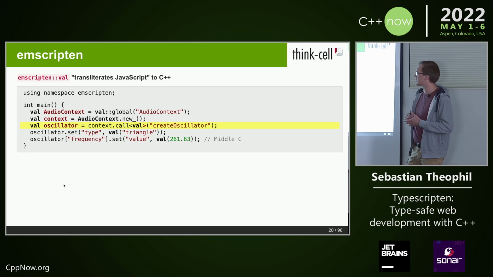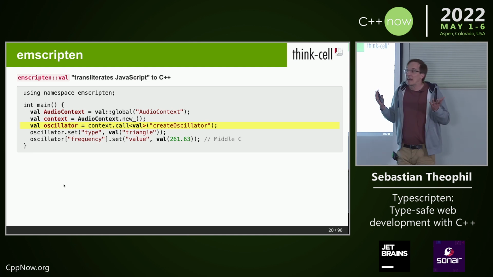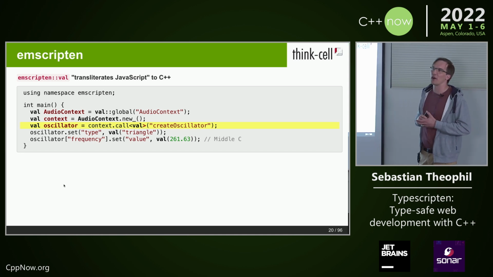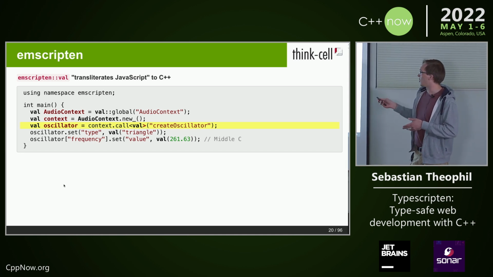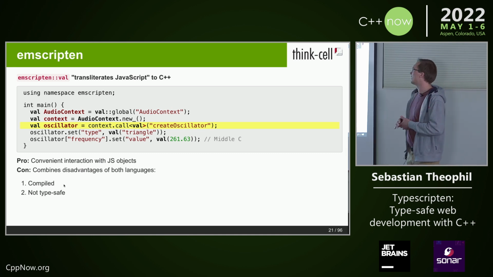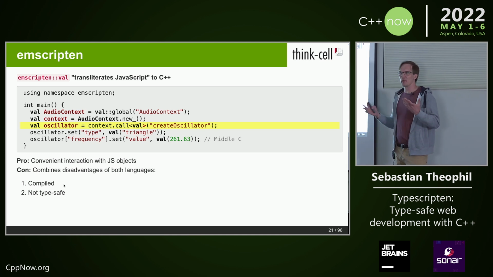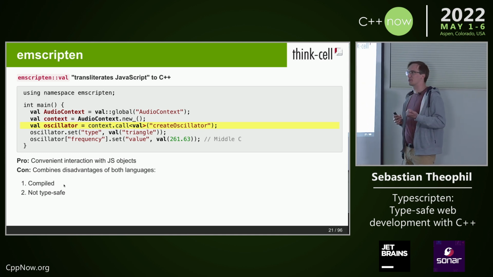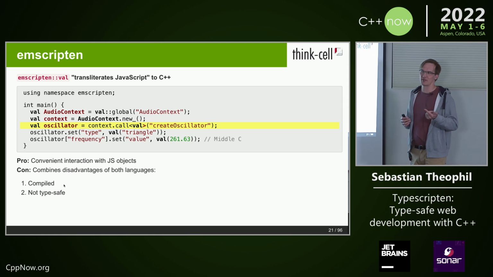It's all strings that will be sent to JavaScript and interpreted on the JavaScript side. And if you have a bug somewhere, you will find out at runtime. So starting with the pros, it's great that this exists and that it works, but it combines the disadvantages of both languages. So you need to compile it, which takes time, and then this compilation doesn't really give you anything.